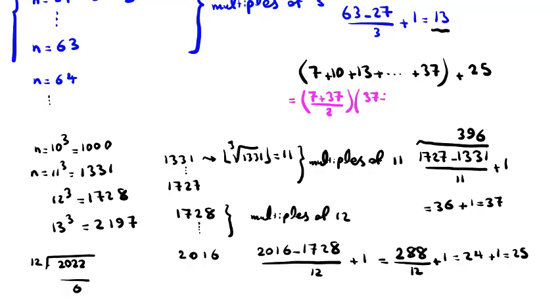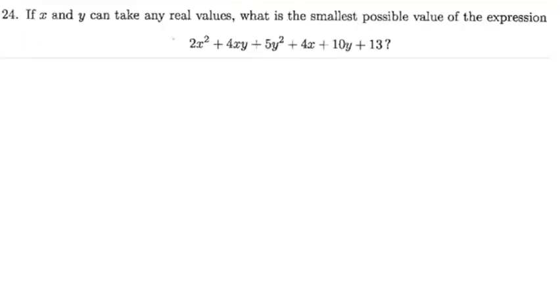So you say the number of terms is (37 minus 7) over 3 plus 1, and plus 25. 37 minus 7 is 30. 7 plus 37 is what? 44. 44 over 2 is 22. 10 plus 1 is 11, plus 25. Okay, if we calculate 22 times 11, 242, plus 25, it will be 267.